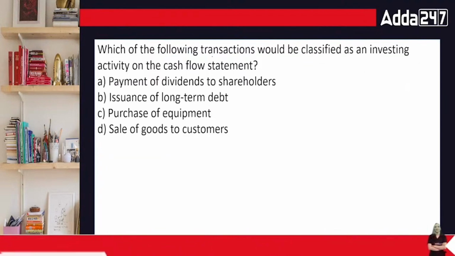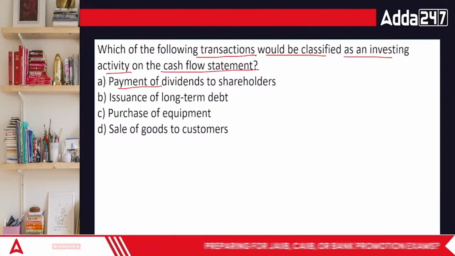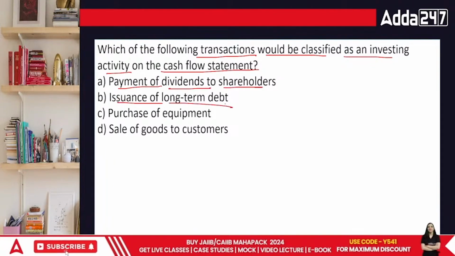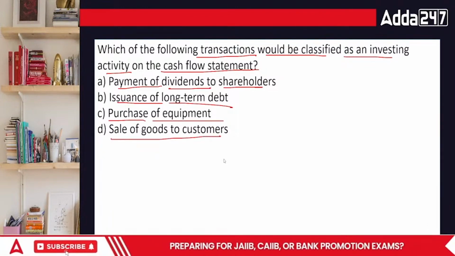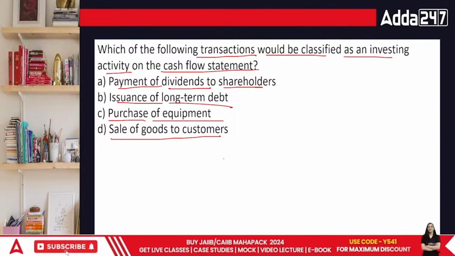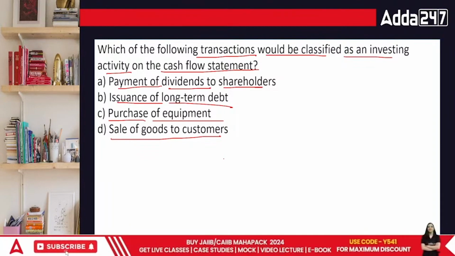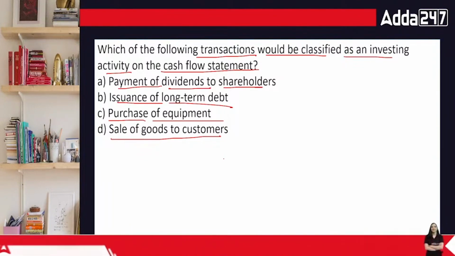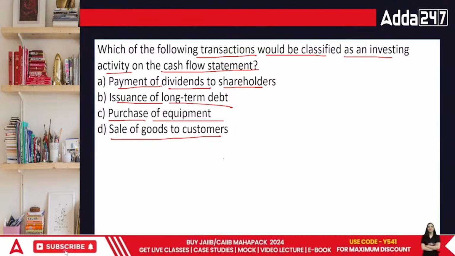Which of the following transactions would be classified as an investing activity on the cash flow statement? Payment of dividend to shareholders, issuance of long-term debt, purchase of equipment, or sale of goods to customers? What's going to be the answer, everyone? When you're talking about investing, it is related to the area of getting an asset.